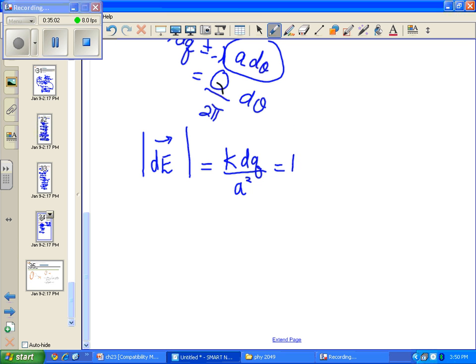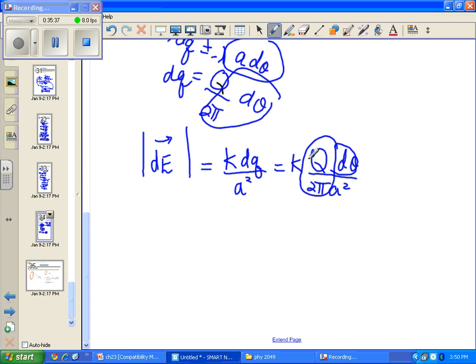And now we write k dq, where dq is big Q over 2 pi d theta, divided by a squared.